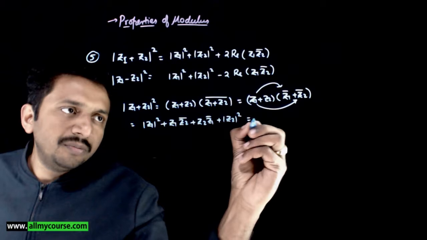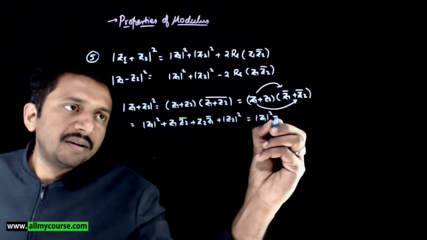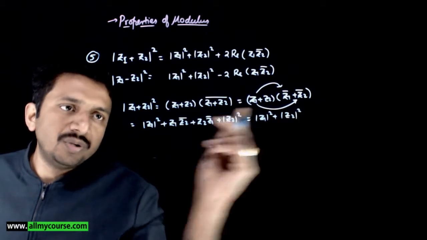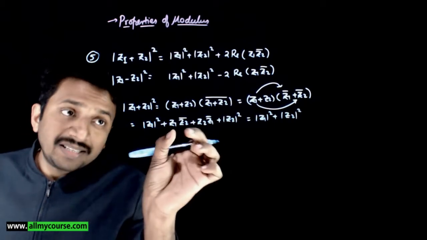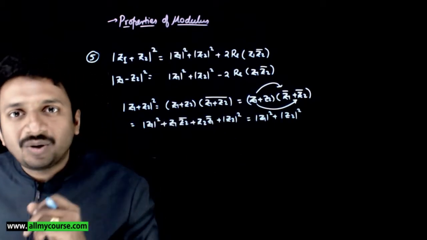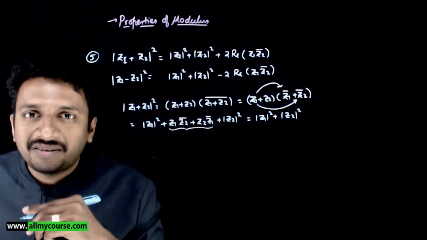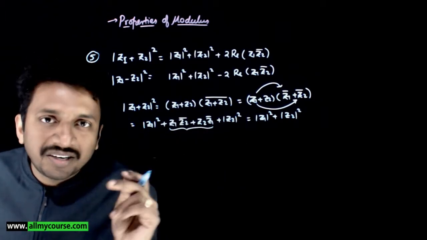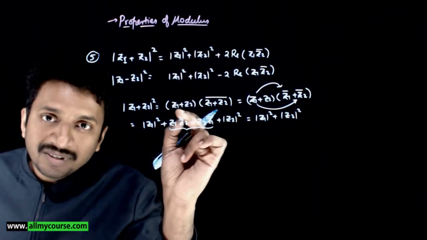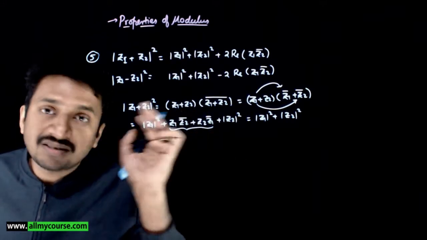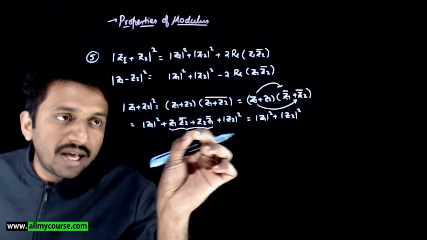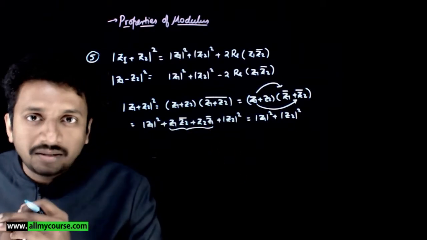So that is equal to mod z1 square plus mod z2 square plus z1 z2 bar plus z2 z1 bar. Can you see that these two are conjugate to one another? What is z1 z2 bar whole conjugate? z1 conjugate into z2 double conjugate, which is z2. So these two are conjugates of one another.